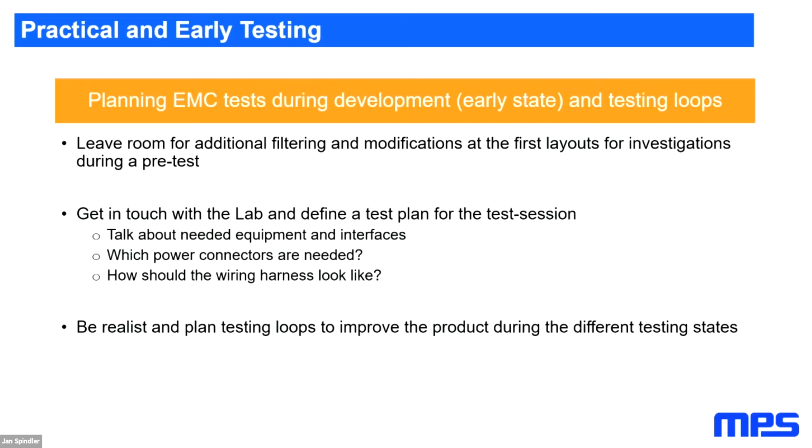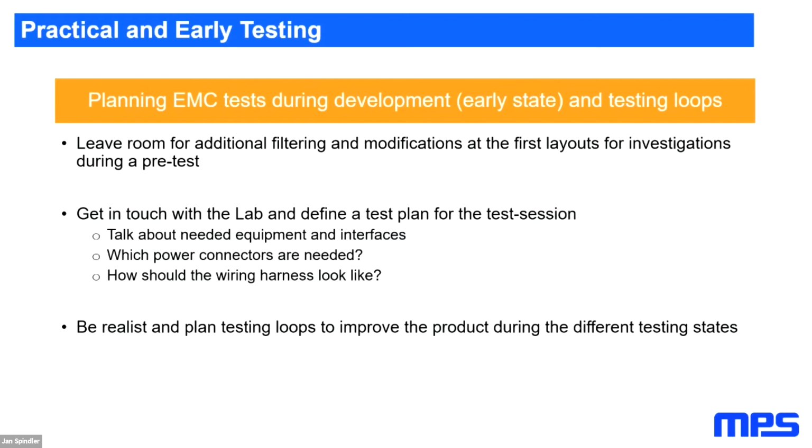As mentioned quite often now, be realistic, and plan test loops to improve the product during the stages. That means not doing test labs just because you have such a bad result, but also test loops to improve the BOM and improve the costs, trying something, some improvements. And this is what I want to say initially: it's not only EMI, it's not only cost, it's something you can optimize in your product.